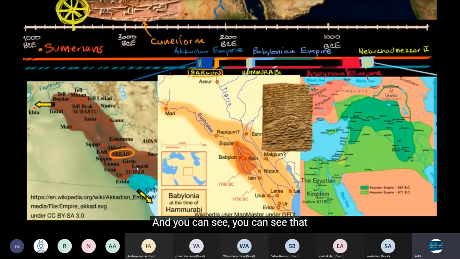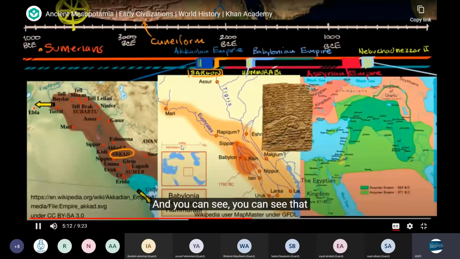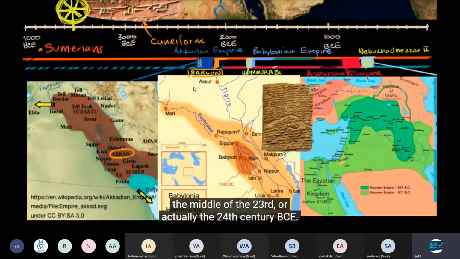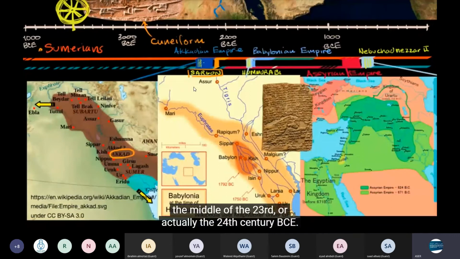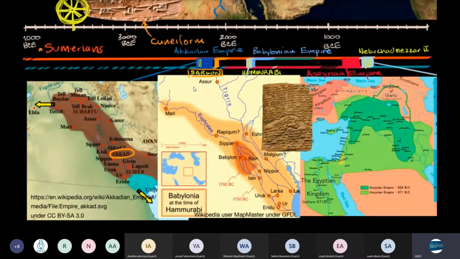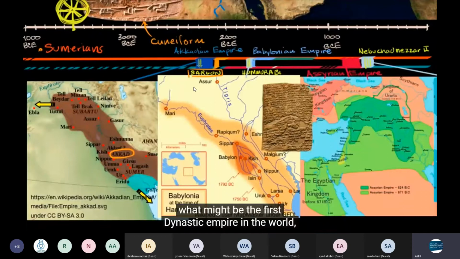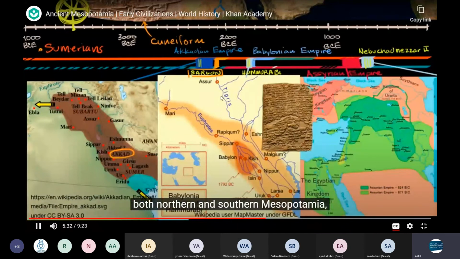And you can see that that would have been established around the middle of the 23rd, or actually the 24th century BCE. So around 2350, you have Sargon establishing what might be the first dynastic empire in the world, the Akkadian Empire. And he was able to take control of both northern and southern Mesopotamia.